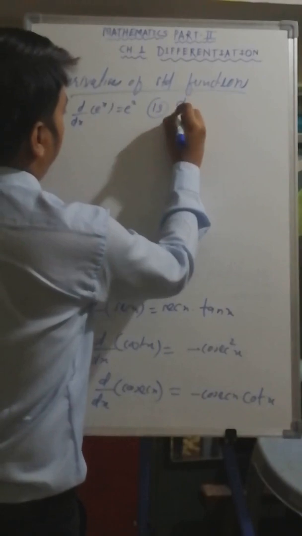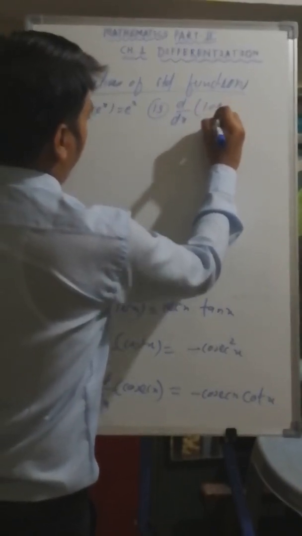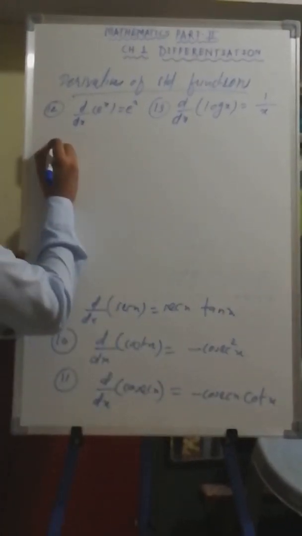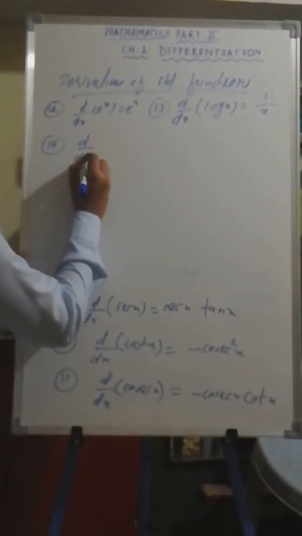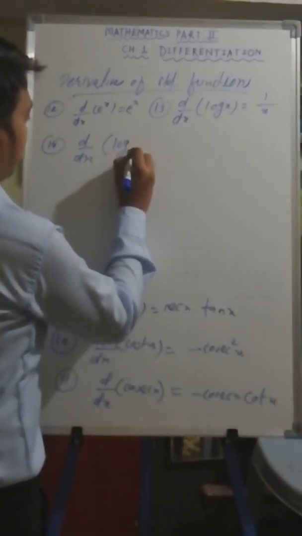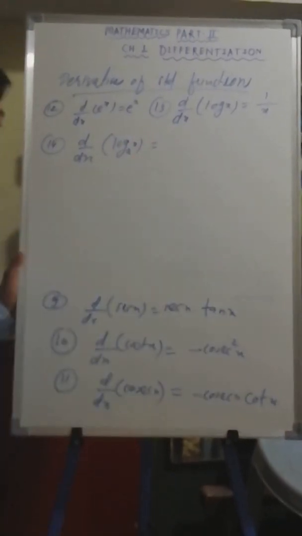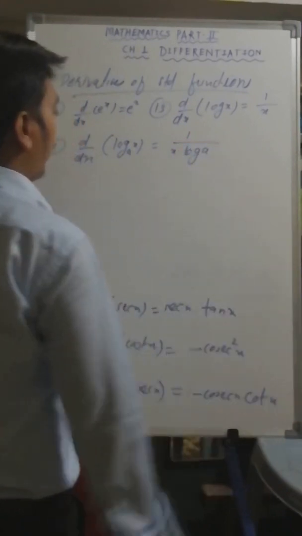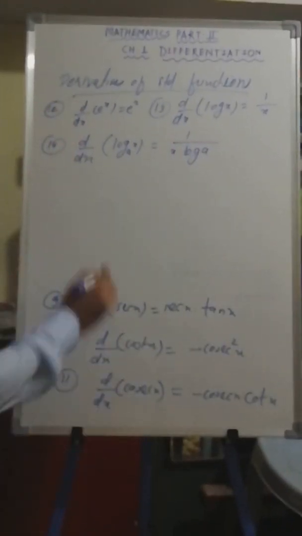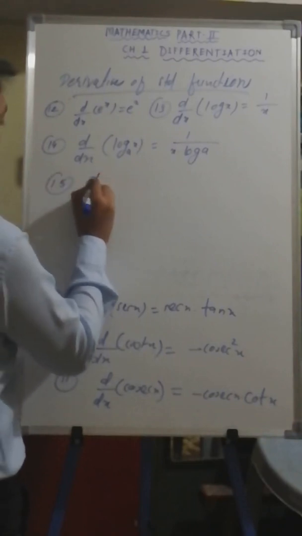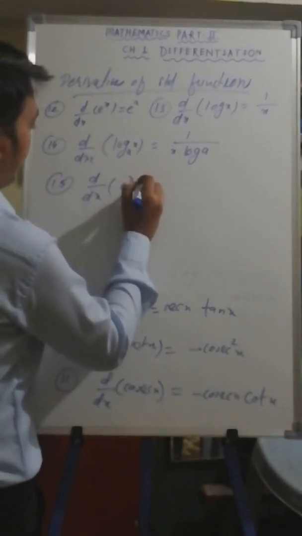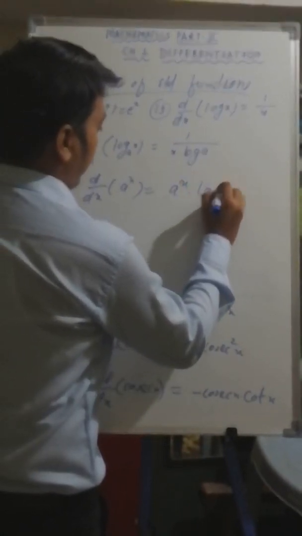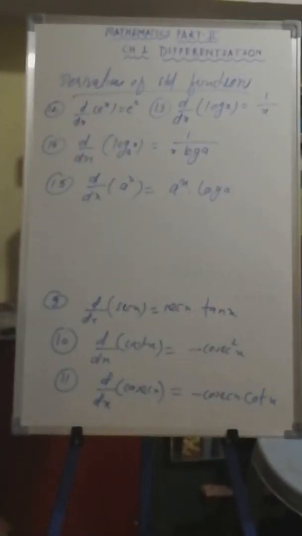Derivative of log of x is equal to 1 upon x. Derivative of log base a of x is equal to 1 upon x into log of a. Also, derivative of a to the power x is equal to a to the power x into log of a.